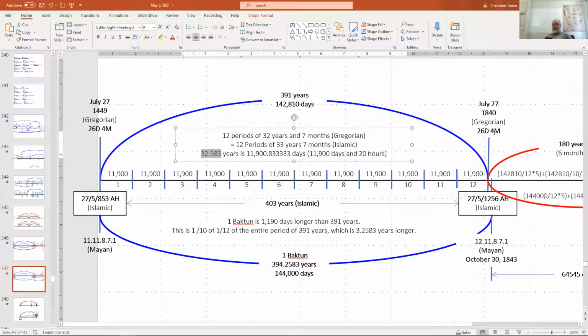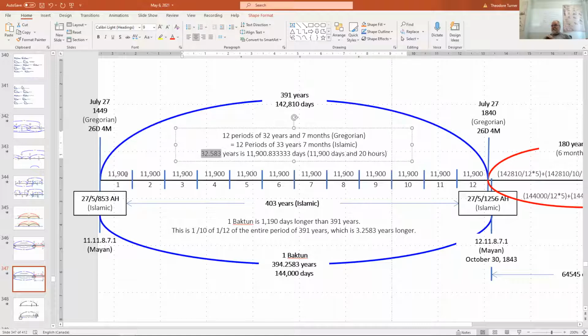But we also are lining up the Islamic calendar, but it's a period of 403 years. That is, this period of 11,900 days, if we put it into months, would be 32 years, 7 months. And if we put it on the Islamic calendar, it'd be 33 years and 7 months.